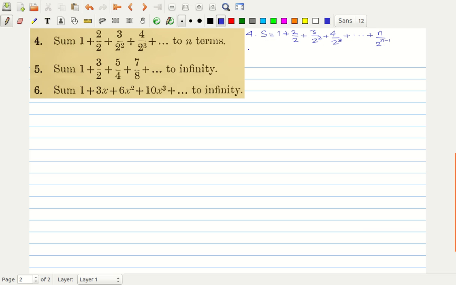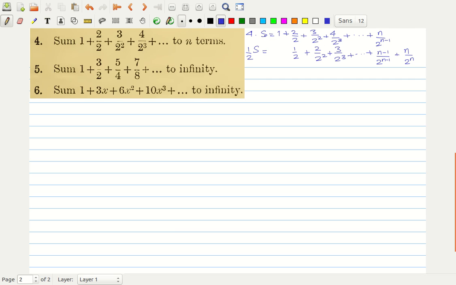So let us multiply 1 by 2 on both the sides, so this becomes 1 by 2 s. Now this 1 becomes 1 by 2, so we will write it below 2 by 2. 2 by 2 becomes 2 by 2 square plus 3 by 2 cube plus, and this will be n minus 1 divided by 2 to the power n minus 1, and this last term will be n divided by 2 to the power n, right?